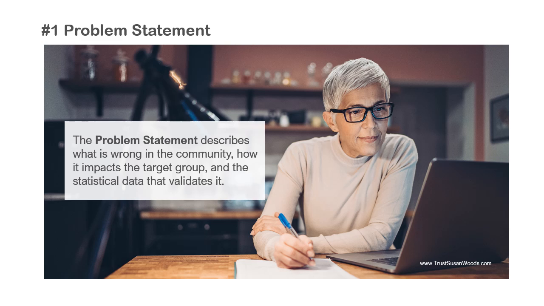Maybe there are too many veterans that do not have a safe place to live. Well, describe that problem in very clear terms. Explain how that lack of housing impacts the veterans, which would be the target group. And then what data can you show that validates that that problem really exists?